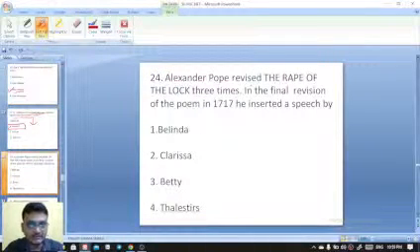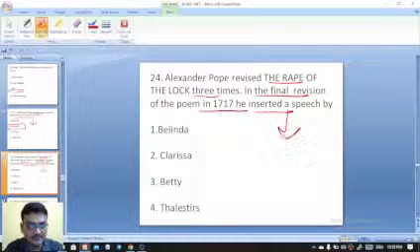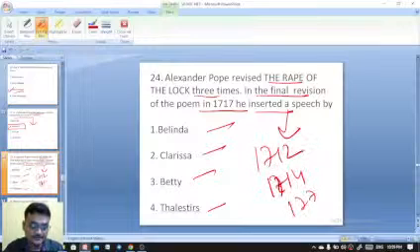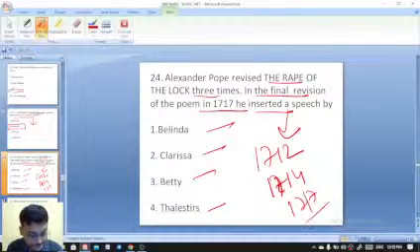Alexander Pope revised The Rape of the Lock three times. In the final revision of the poem in 1717, he inserted a speech by Clarissa, first published in 1712, then 1714, then 1717. Three editions were there.